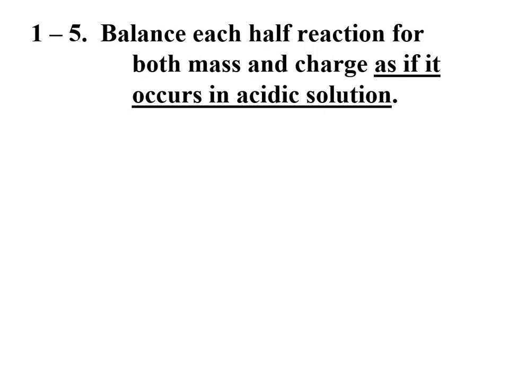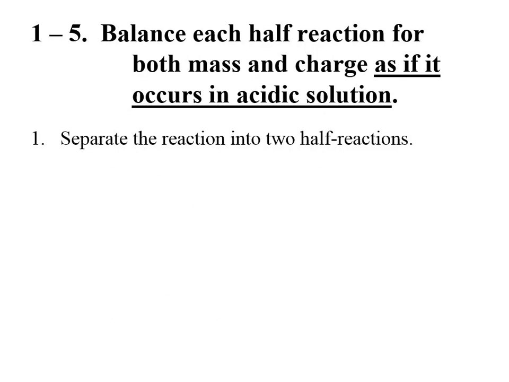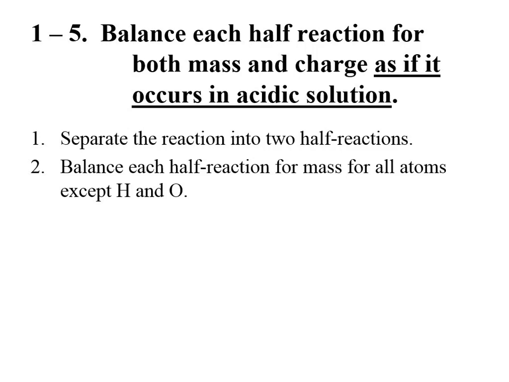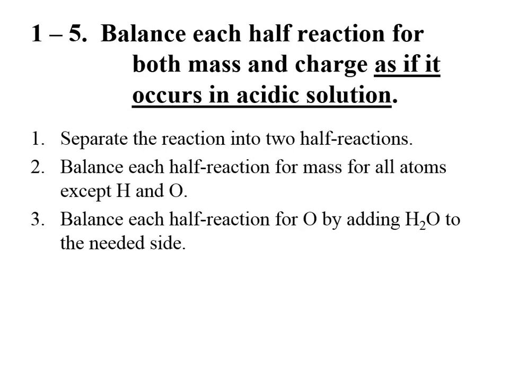So here we go. Steps 1 through 5 are the same. Just to remind you what they are: you separate them into 2 half reactions. I think it's kind of nice to put little oxidation numbers so you know which ones go with which. Then you use stoichiometric coefficients to balance everything except for the hydrogen and oxygen.